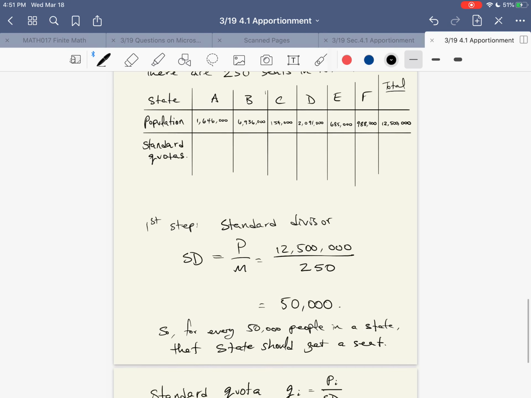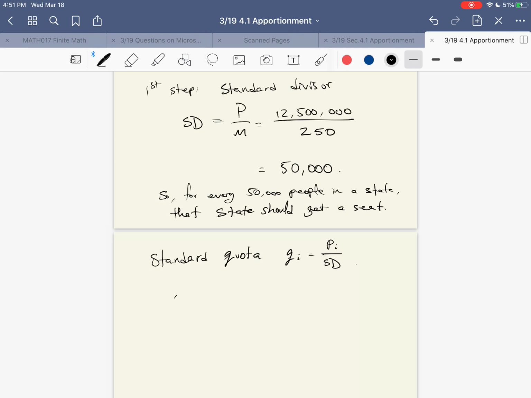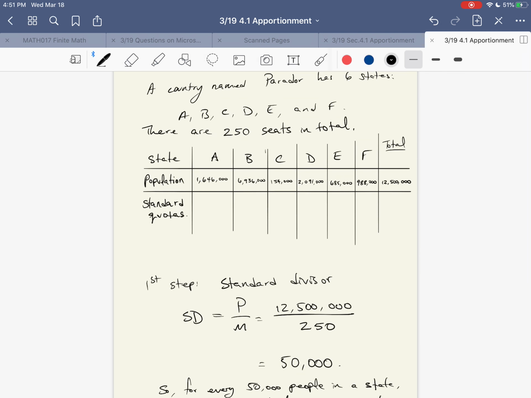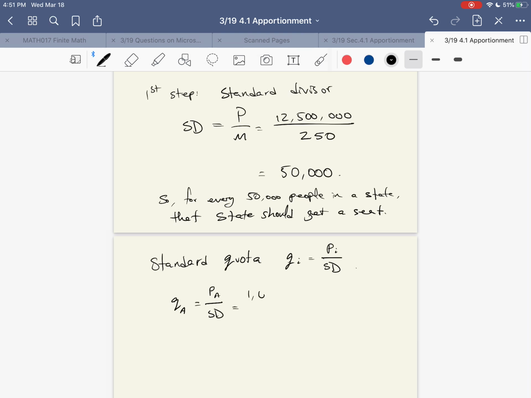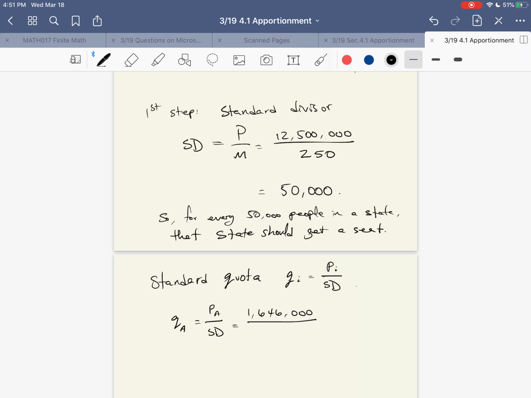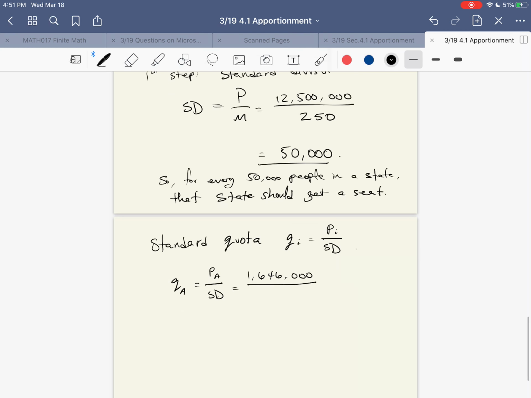So let's see what happens. State A. So why don't we calculate Q sub A? Well, that's going to be the population of state A divided by the standard divisor. So what's the population of state A? 1,646,000 divided by the standard divisor, which we just calculated to be 50,000.